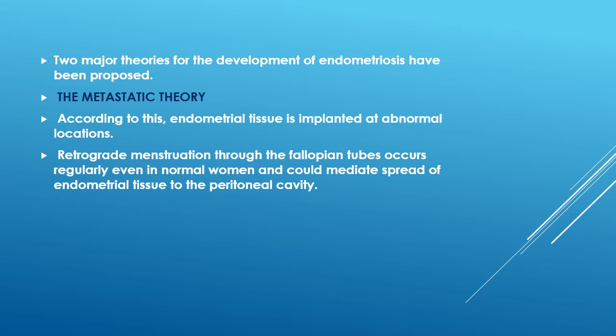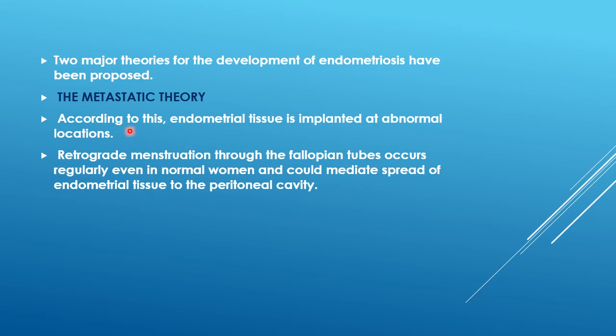Two major theories for the development of endometriosis have been proposed. Number one is the metastatic theory and the other one is the metaplastic theory. The metastatic theory says that endometrial tissue is implanted at an abnormal location.